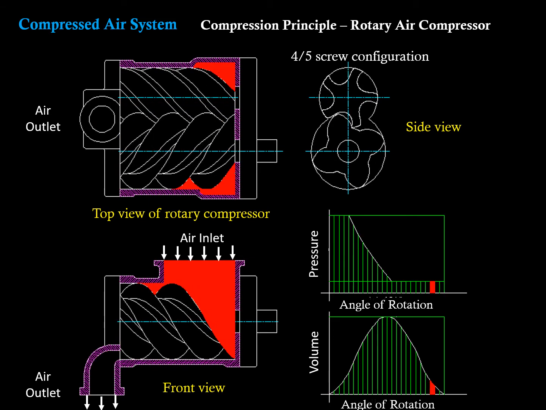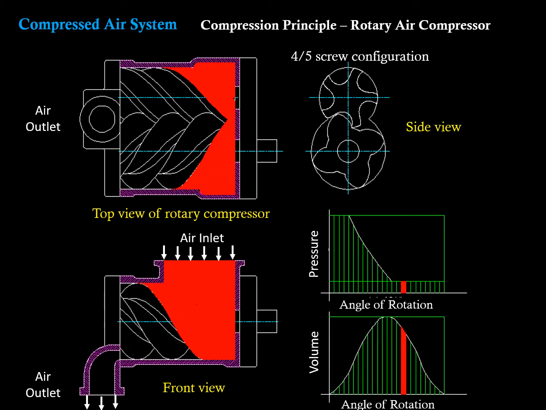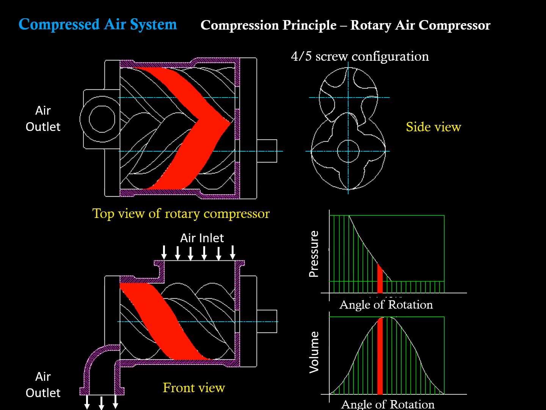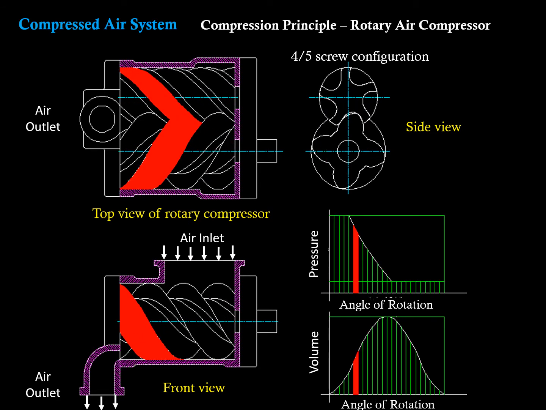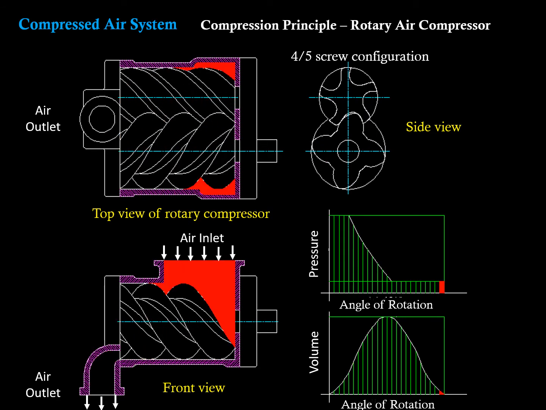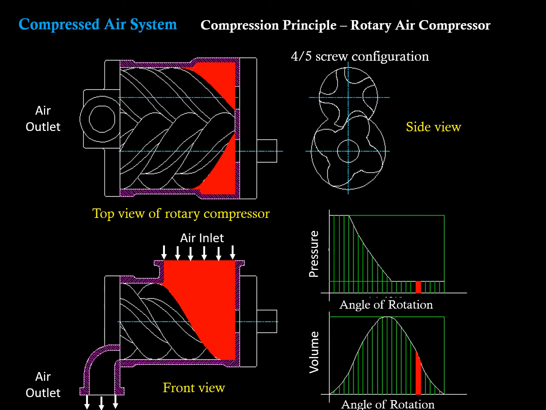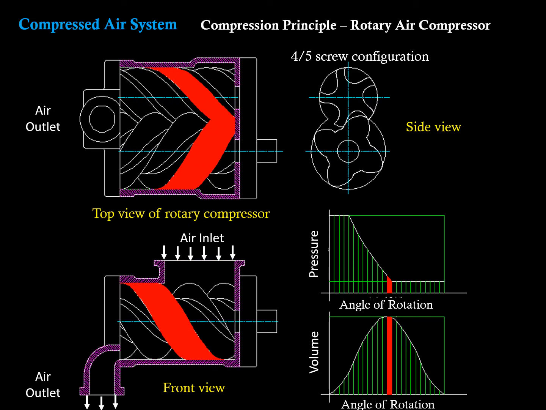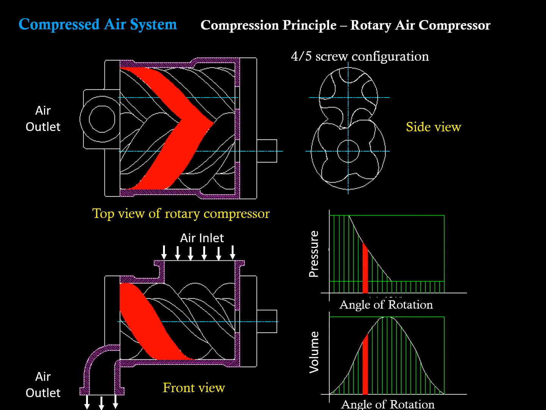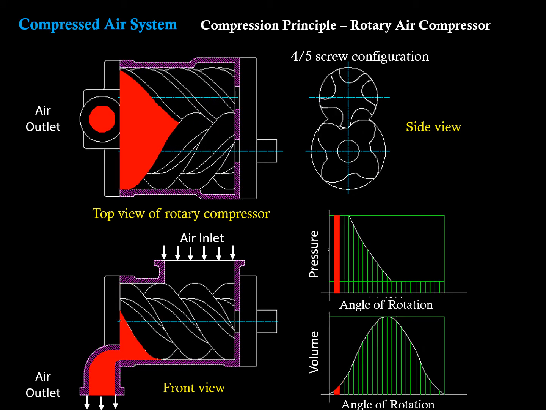At the bottom right, the graph depicts how the pressure changes with the change in the angle of rotation. So you can see, with the change in the angle of rotation, pressure increases and accordingly the volume of air decreases.